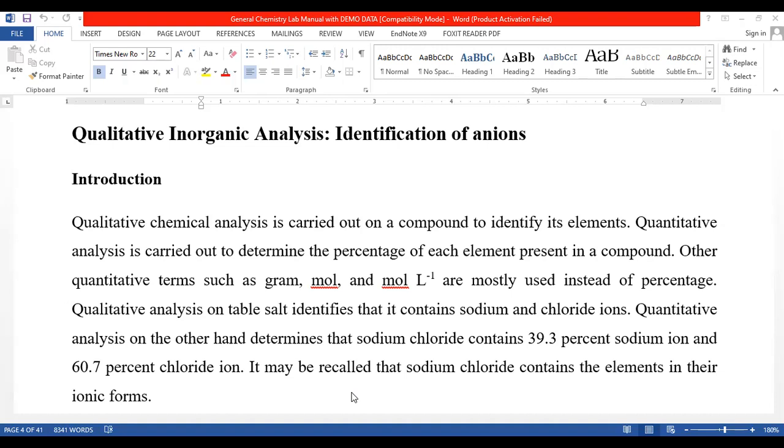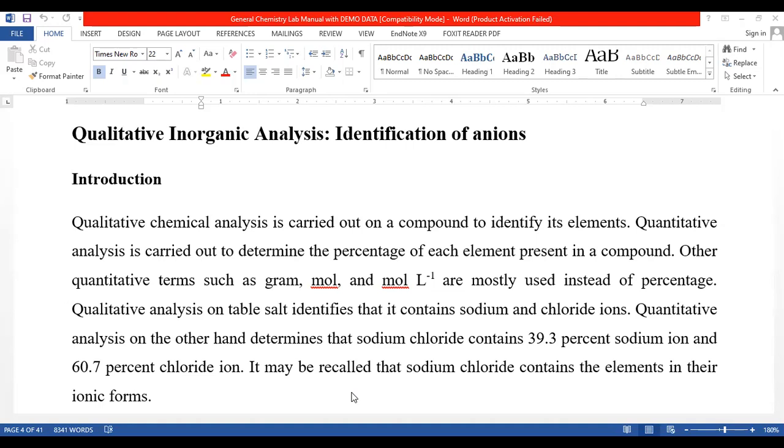So we will prepare an aqueous solution of the sample as well as an aqueous solution of the identification reagent. Identification reagent means the reagent that we are going to mix with the sample to find out the presence of anions in the sample.